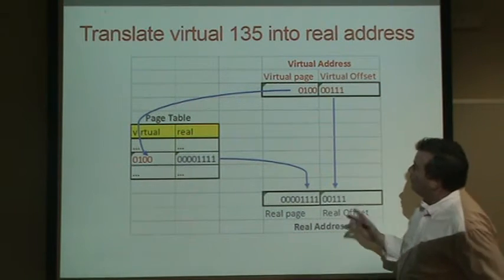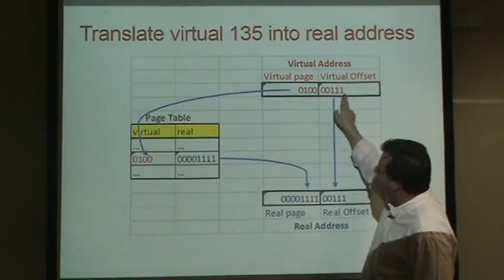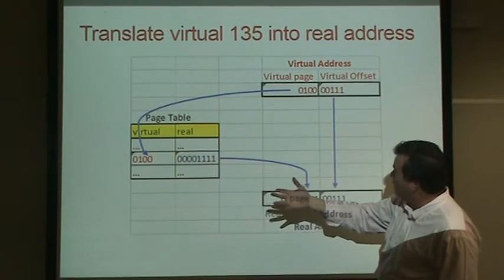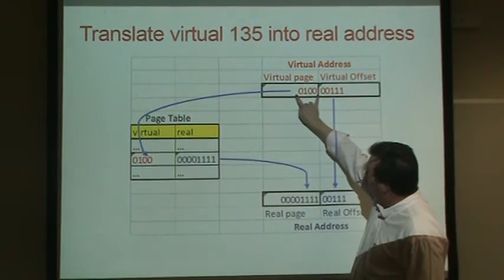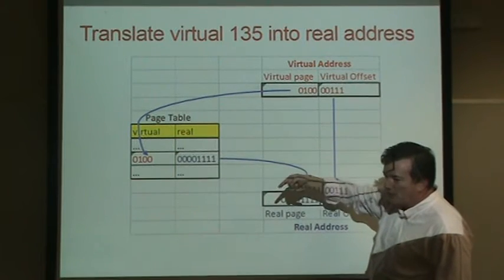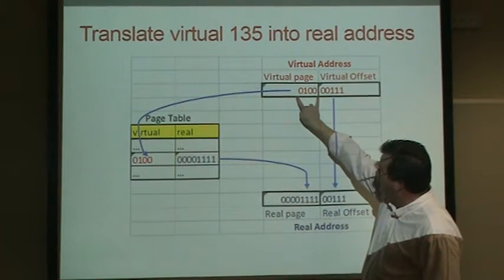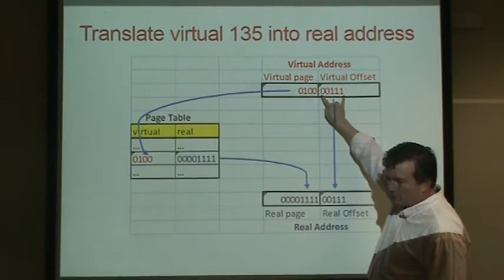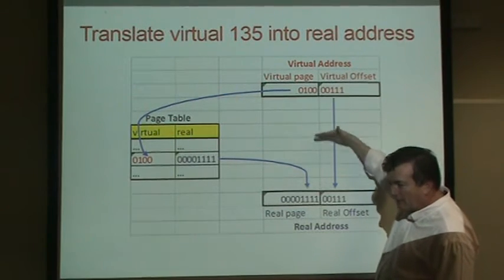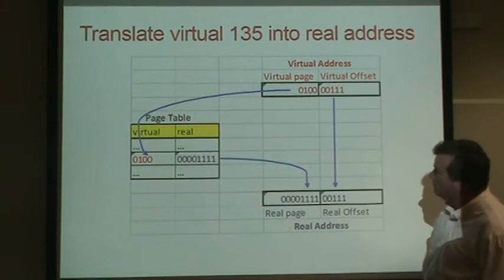So if we wanted to know where this address is loaded, the 4 high order bits tell us which page we're in, which is page 4. And the 5 low order bits tell us exactly how far into that 32-bit page we are.